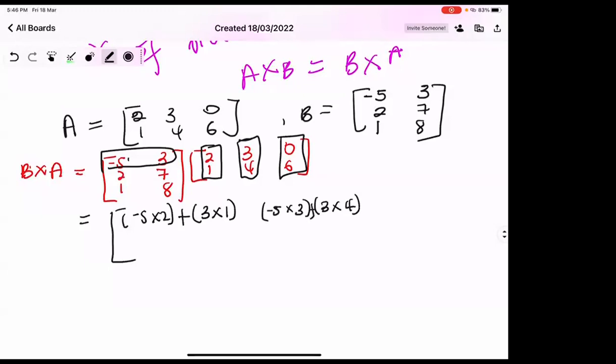We are moving on to the third column. So we have minus 5 moving on to 0, and then 3 moving on to 6. There are no other columns in the second matrix, so we can close our bracket. And then we move on to the second row in the first matrix.